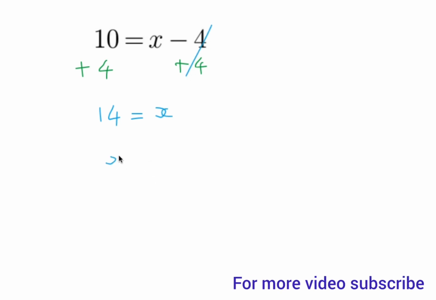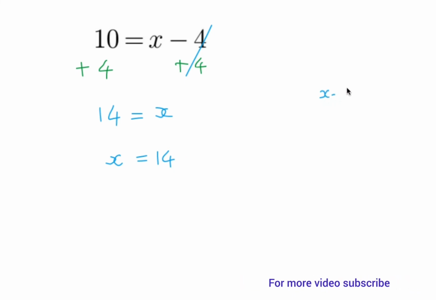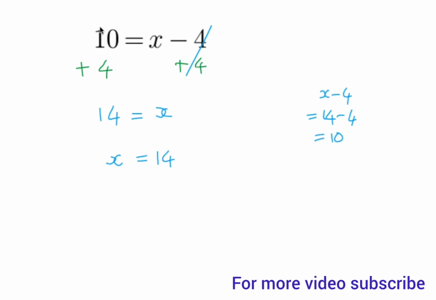Or we can write x equals 14. Let's check whether this answer is correct or not. Here x minus 4 means 14 minus 4 is 10, and yes, we got 10. It means our answer is correct.